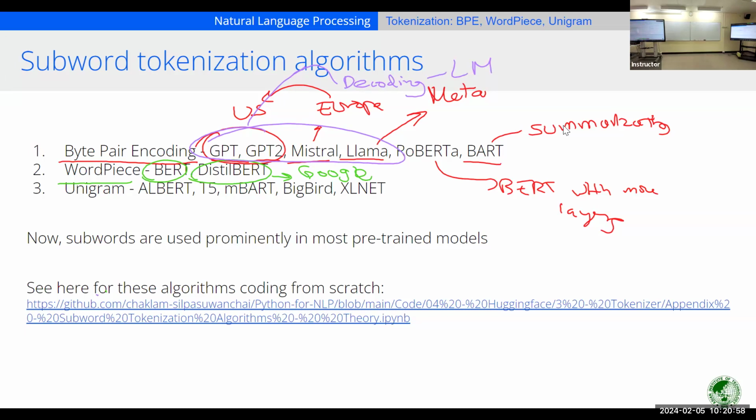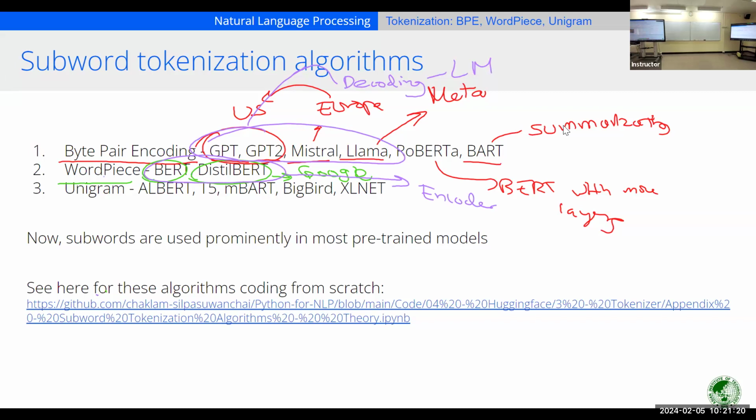This one is mostly an encoder model, right? That is only encoding some meaning. But if you don't understand, don't worry, because today is not the main thing. I will not teach you this yet. I will teach you this Wednesday.